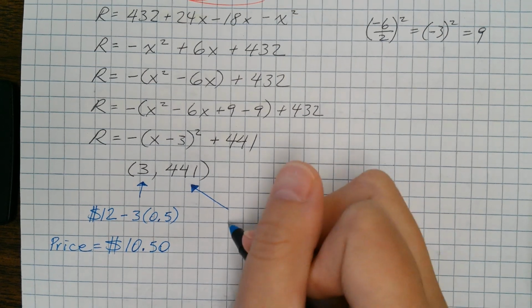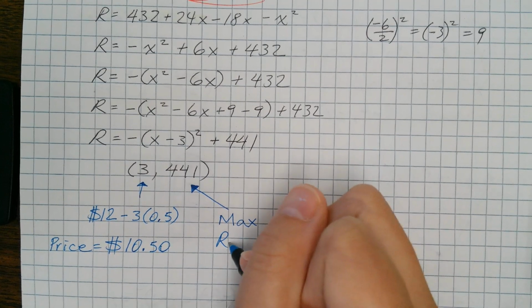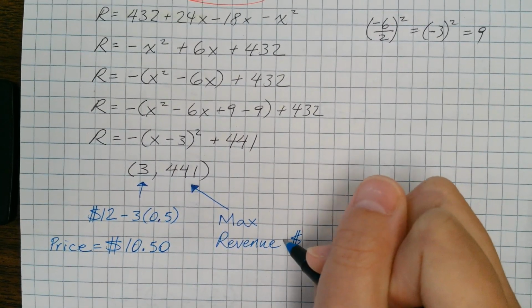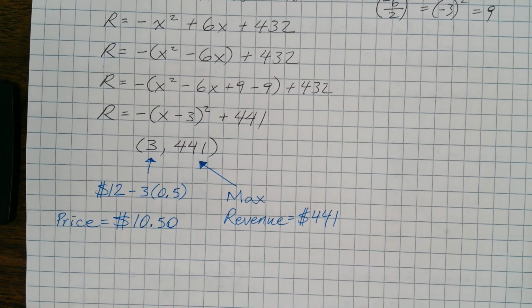Yep, max revenue. Good job. Max revenue equals $441. Therefore, if Alex sets the price to $10.50, she will earn a maximum revenue of $441.